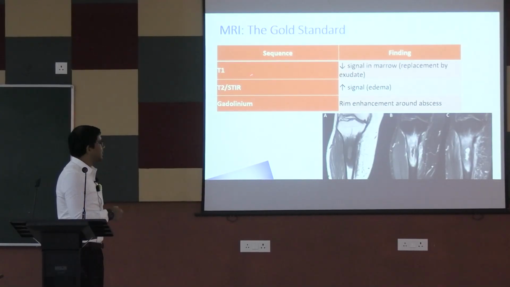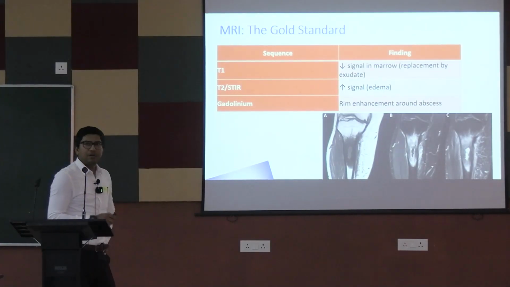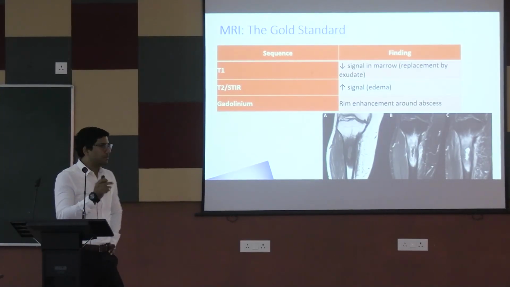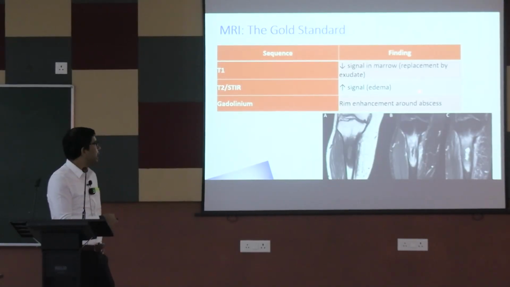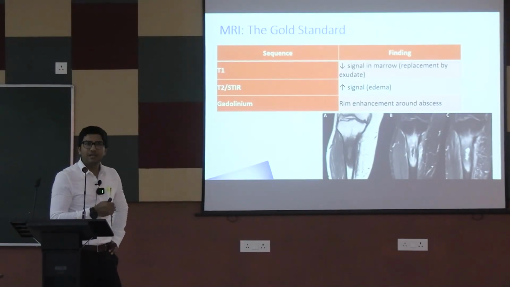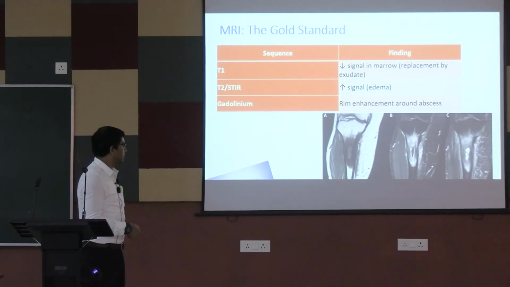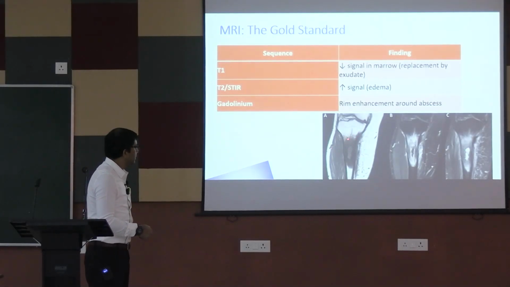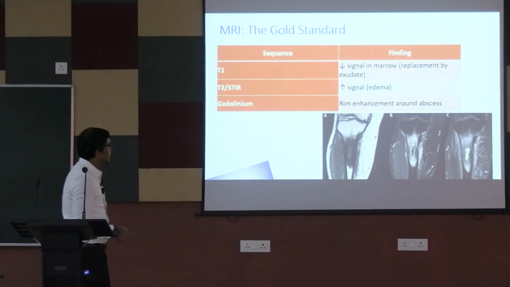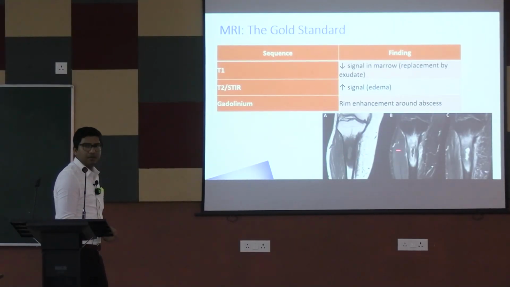Just remember the basic things. In T1, the fluid, the edema fluid, appears as low signal intensity, basically dark. So this is the T1 image. See, this part of the bone is infected, there is edema, there is inflammation, but in T1 it appears dark.